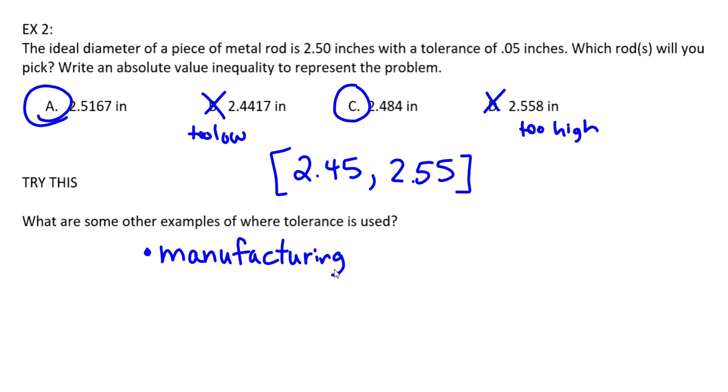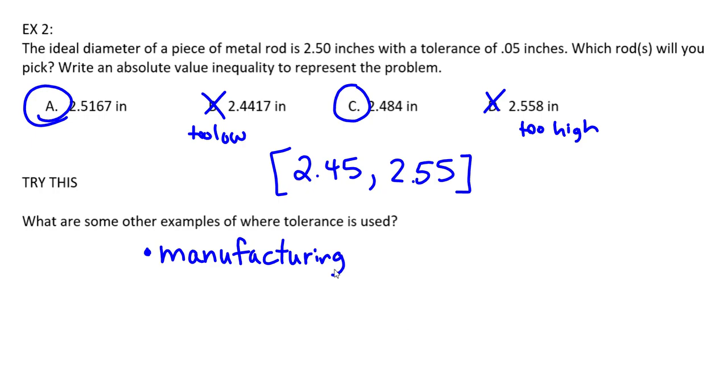There's always this fluctuation between part sizes and things like that. So there's a tolerance. There's an acceptable range of things that you can make these parts for. So what are some other places in real life that you guys can think of where you see this? Any thoughts? I have a couple ideas, but I'll see if you guys come up with it.